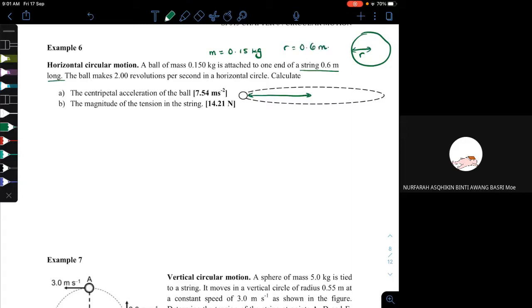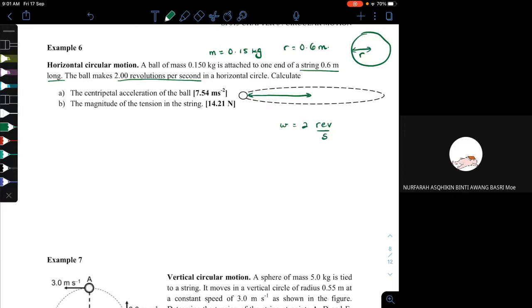The ball makes 2 revolutions per second in a horizontal circle. Same as before, this 2 revolutions per second we discussed is omega. How do we know that is omega? Omega is displacement over time, so revolution over time is omega. So omega is 2 revolutions per second.